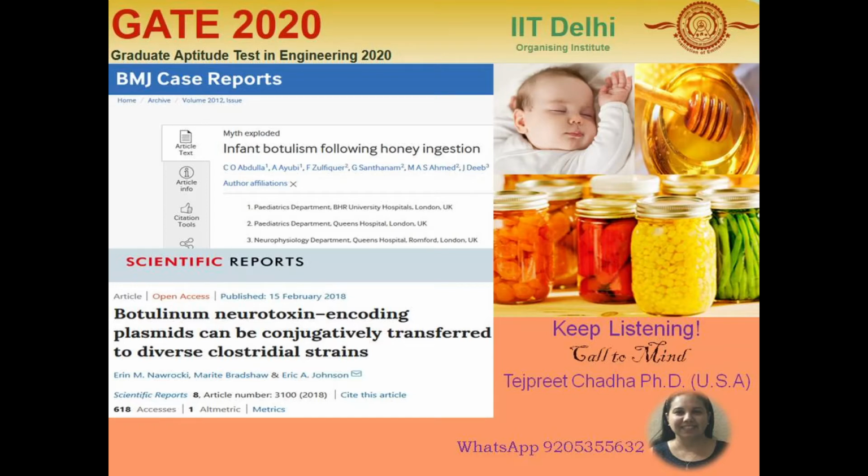Important point ये है कि no host defenses are known. एक सबसे important बात जो उठ के आ रही है कि why it is so concerning to us. एकदम neurotoxin की बात कर रहे हैं, but there is one more important reason, that is the ability of Clostridium botulinum to naturally transfer neurotoxin genes to other Clostridia.